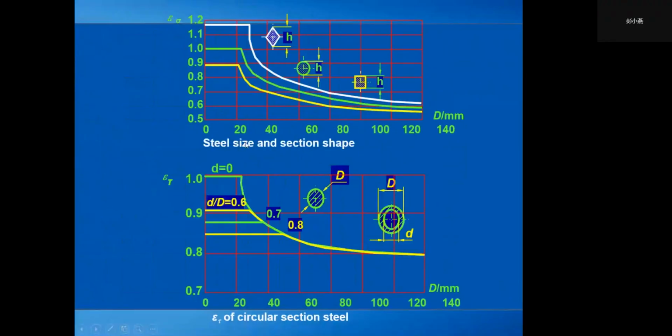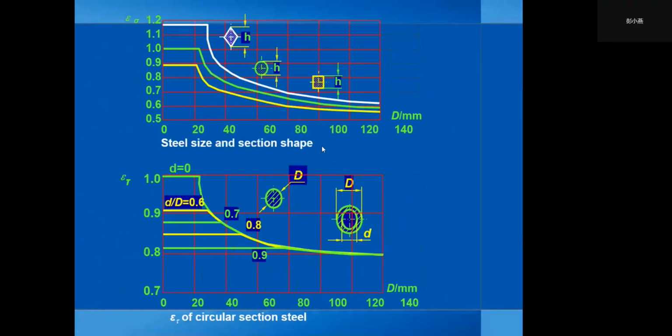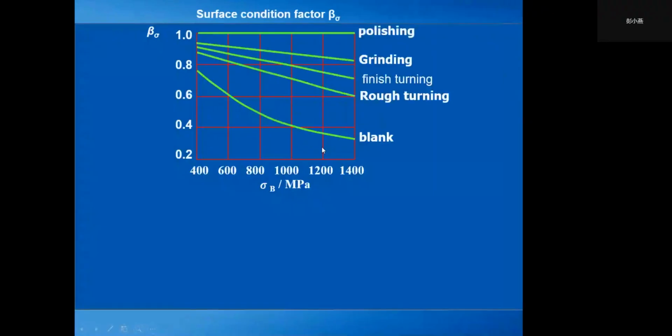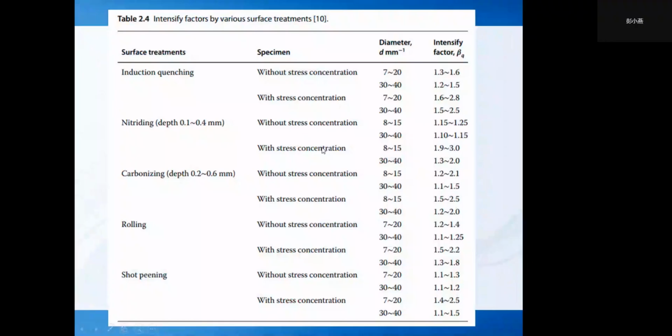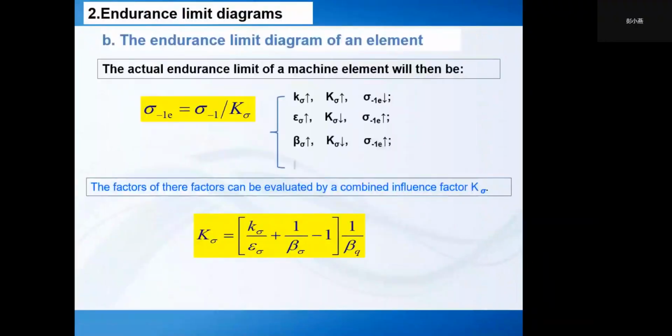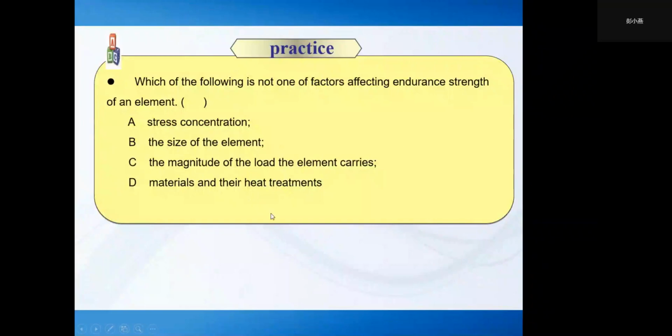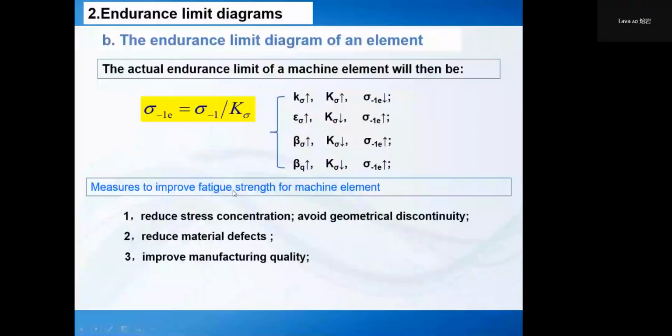As the size increases, this factor, the size factor, will decrease. So the size will affect the endurance strength. And materials and their heat treatment will increase the endurance stress.